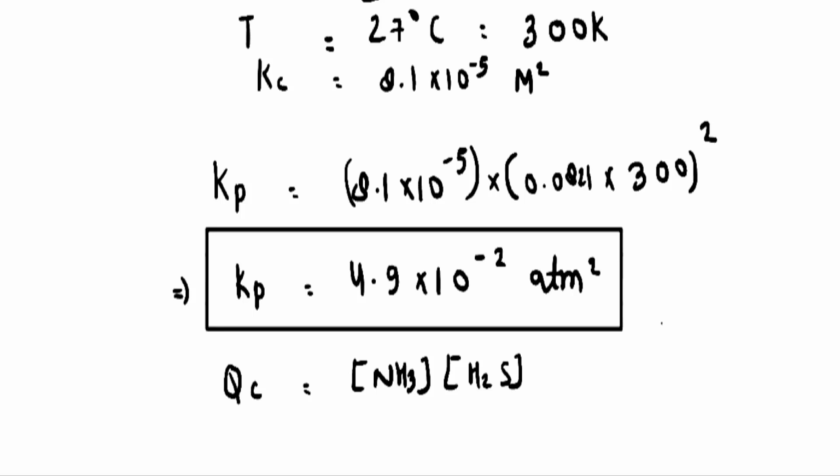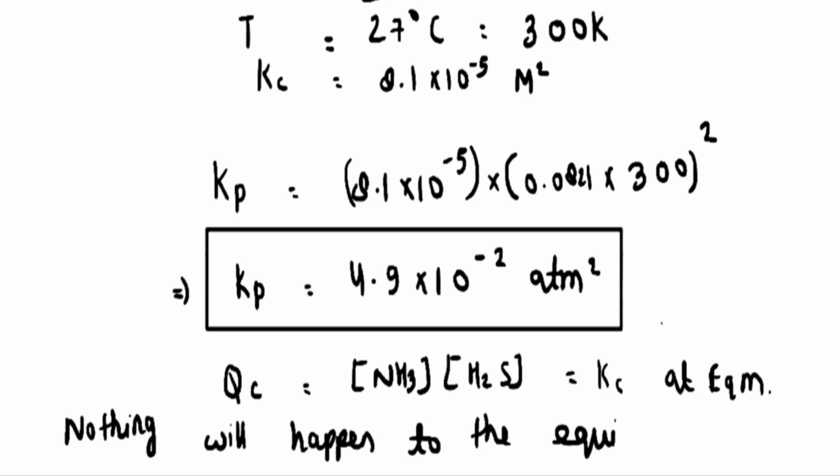So our Qc, the reaction quotient, is not changing and it is basically equal to Kc at equilibrium, so our equilibrium will not change whether we introduce more NH4HS or not. So we can write, nothing will happen to the equilibrium.